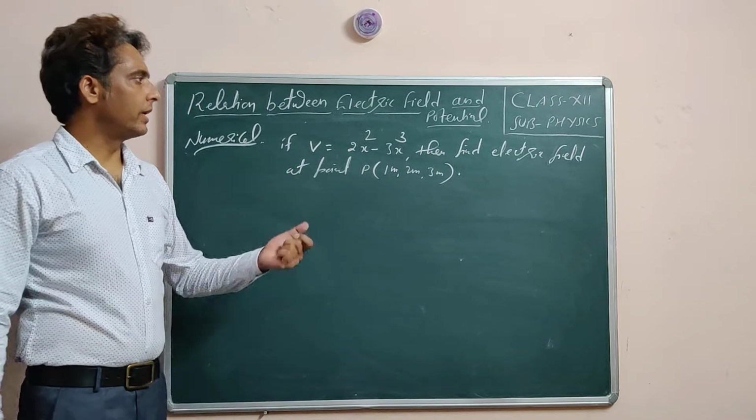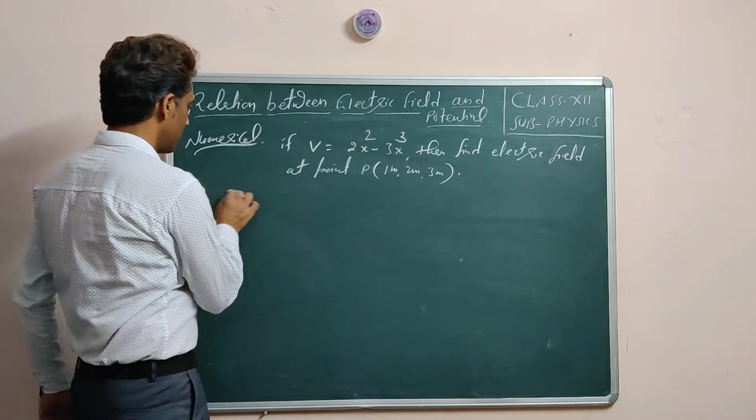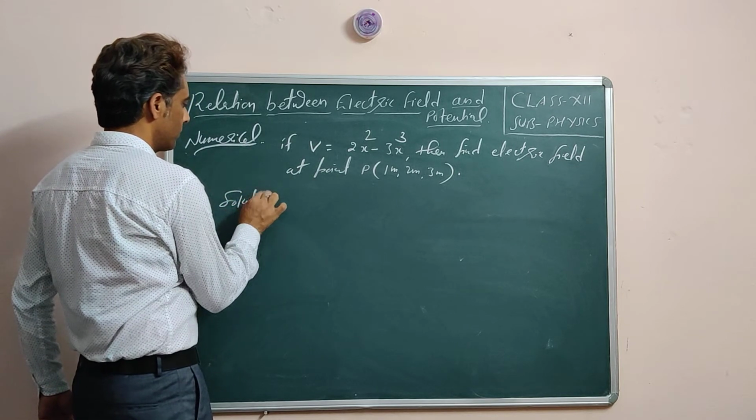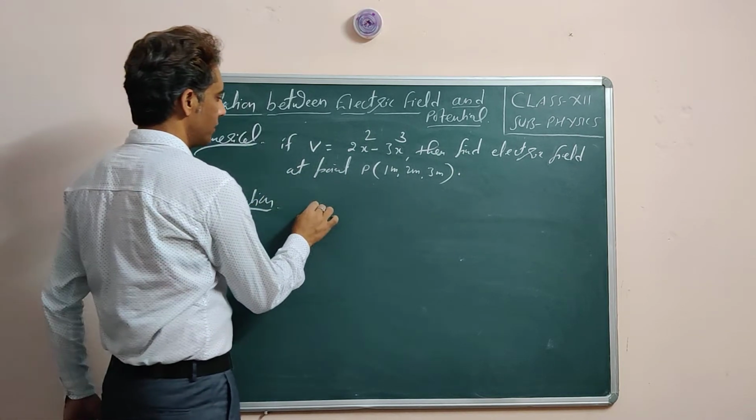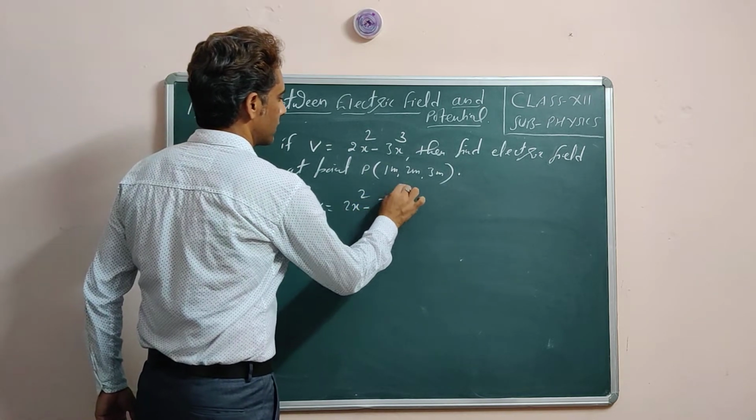Now we will see how to find electric field at this point. Here V is equal to 2x square minus 3y cube.